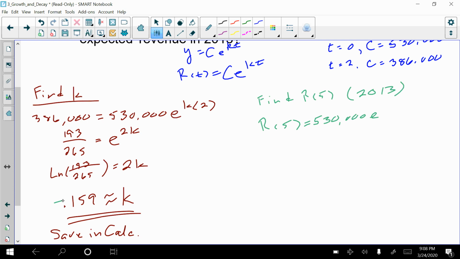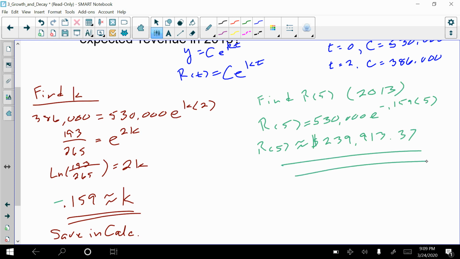Hopefully you guys weren't screaming at your monitors too loudly. So we have negative 0.159. Now remember, I'm rounding it here, but on your calculator you have that number saved. And so when you type that into your calculator, that will give you your revenue after 5 years to be approximately $239,913.37.